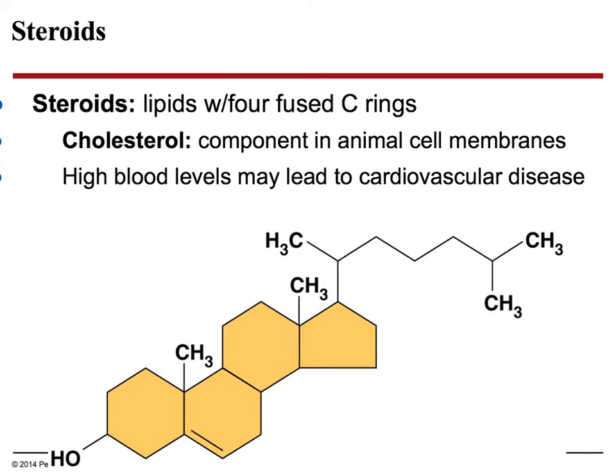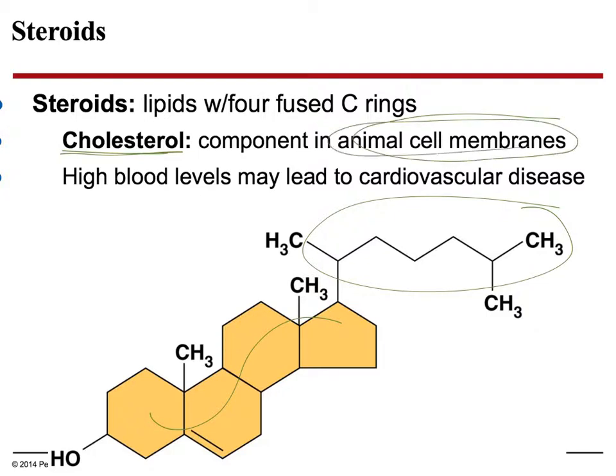Steroids would be another example of a lipid. One example of that would be cholesterol. The difference with steroids is there's one fatty acid tail with these 4 fused carbon molecules or rings. Cholesterol is also found in animal cell membranes, and one of the functions of cholesterol is really to keep those membranes a little bit more separate, and it allows membranes to function better in temperature different situations, meaning where it's colder or warmer, it allows the membrane to be a little bit more flexible.